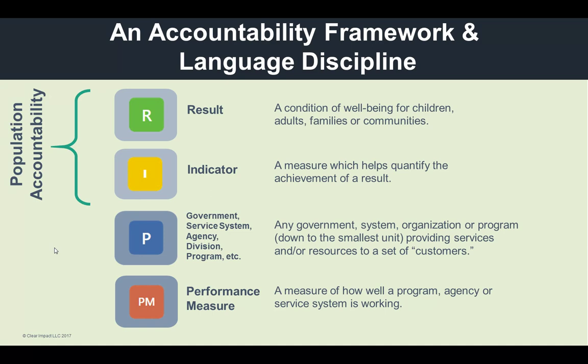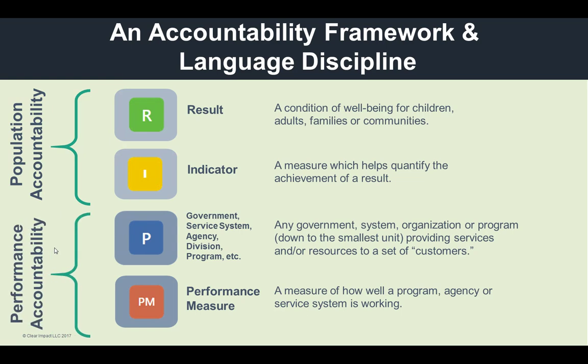A result is a condition of well-being for children, adults, families, or communities, as an example. An indicator is a measure which helps quantify the achievement of a result, both applying within the domain of population accountability. We have results and indicators.